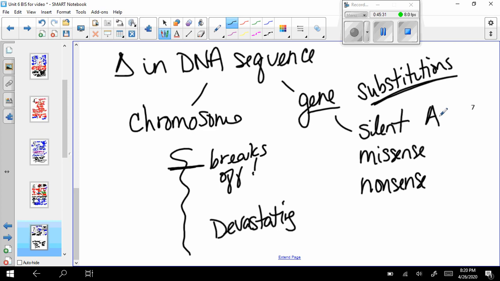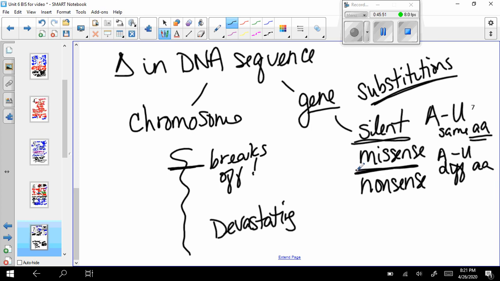So let's say you switched an A for a U, and let's say you get the exact same amino acid. If you get the exact same amino acid, it's silent. If you changed an A to a U and it gave you a different amino acid, that's going to change your overall protein, and that's a missense. And a nonsense, let's say you change your A to U and now it codes for a stop. That's nonsense. That's crazy stuff. Those are three types of substitutions.